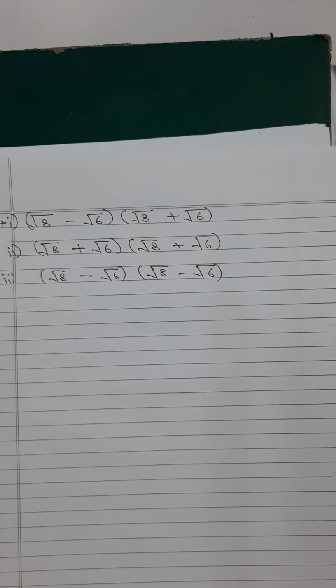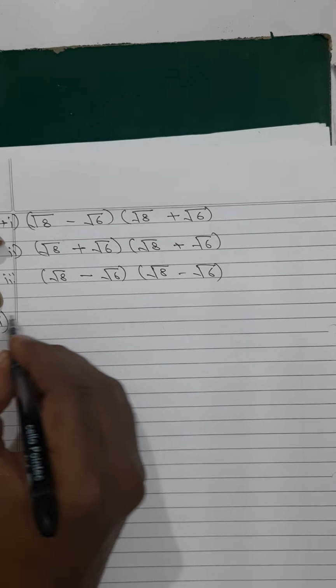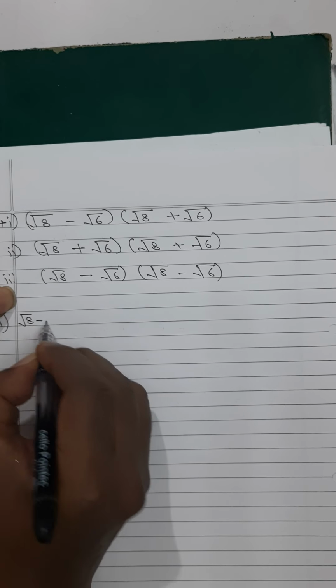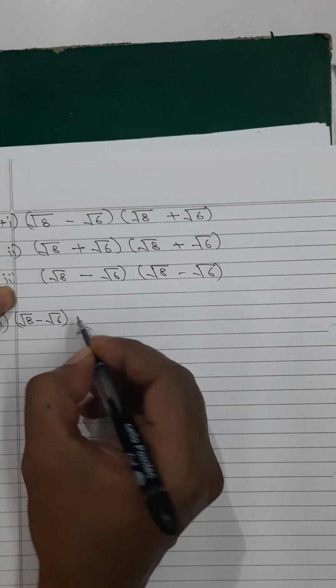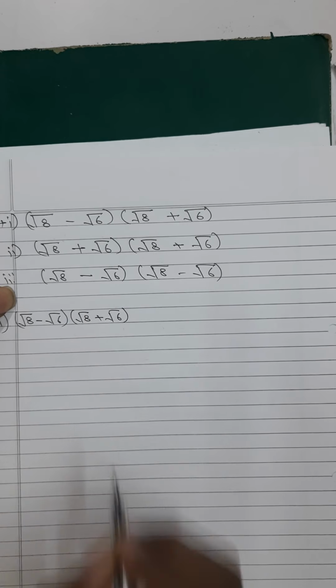The questions basically have the same values, but they have different signs between them, and because they have different signs between them, the identity that you are going to use will keep on changing. If I consider the first question, what it is telling me is root 8 minus root 6 bracket, another bracket, root 8 plus root 6.